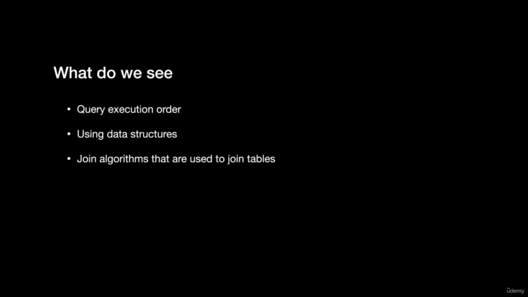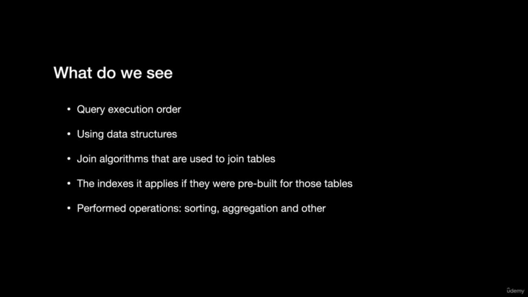What do we see? Query execution order using data structures, join algorithms that are used to join tables, the indexes it applies if they were pre-built for those tables, performed operations, sorting, aggregation, and others.